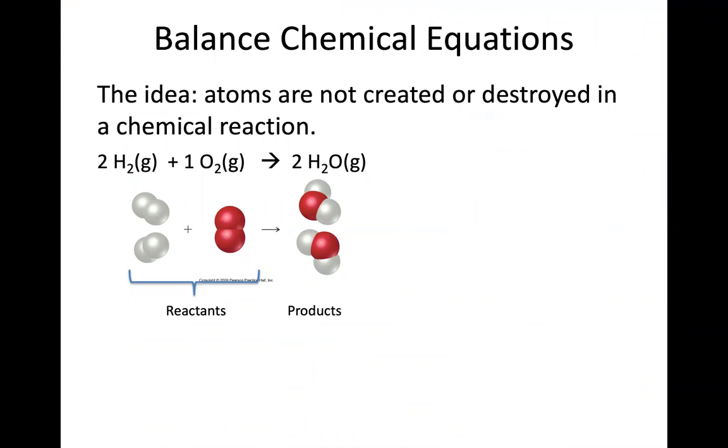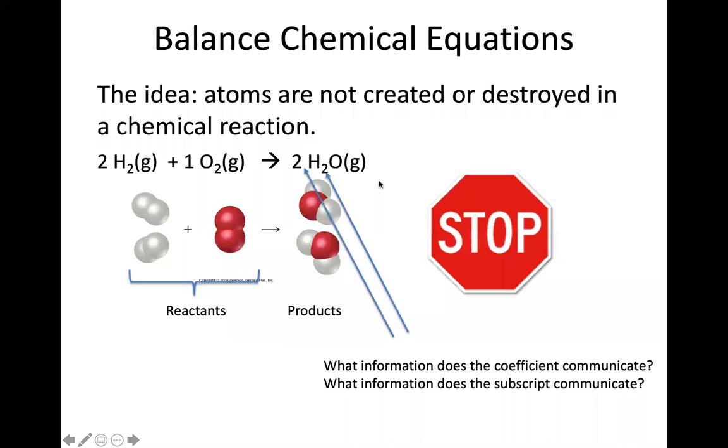We could look at a particle level representation for hydrogen molecules and oxygen molecules forming H2O molecules, with an arrow designating when we go from the reactants to the products, and then also the formula that goes with it. Within the formula, we want to be very careful. We have both coefficients in front and subscripts shown below, and we need to recognize what both of those are communicating.